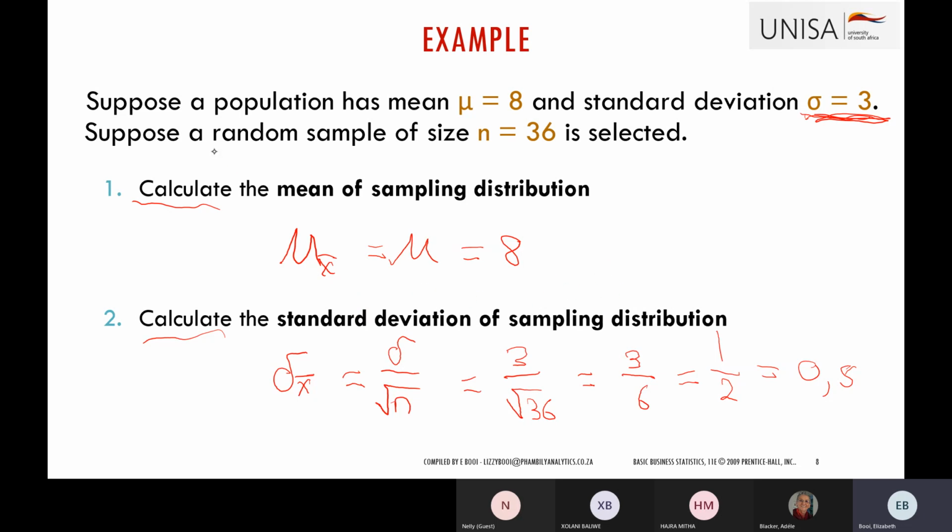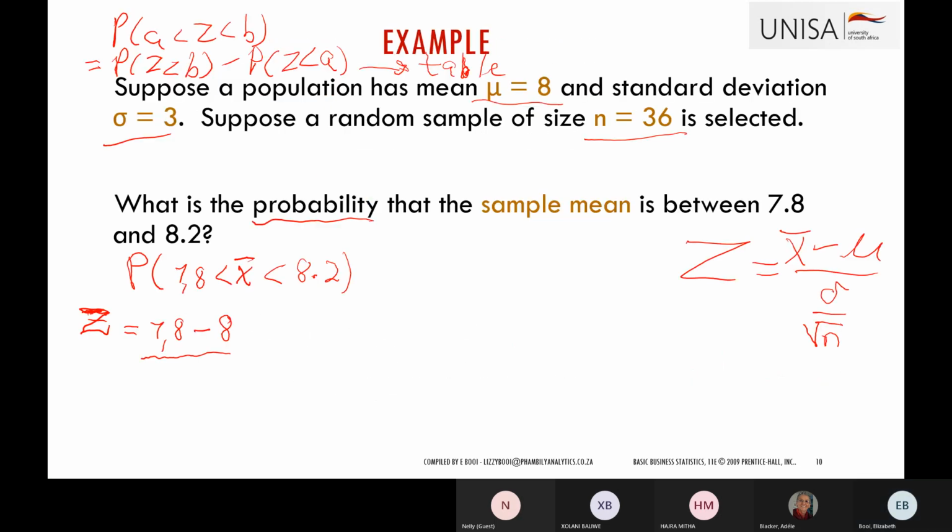If I hadn't calculated the standard error before, I would use the same formula. But this follow-up question uses the same information, and I have my standard error of 0.5 that we calculated previously, because the population standard deviation of 3 divided by the square root of 36 is 0.5.